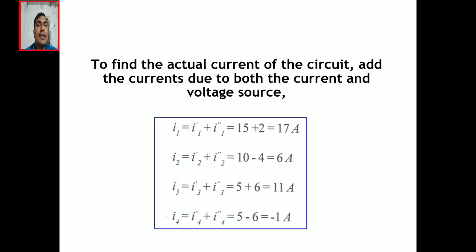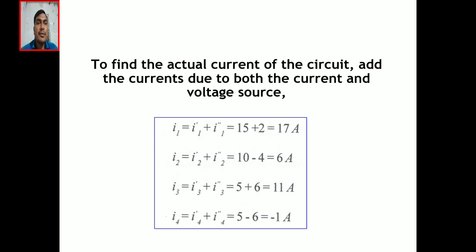So the superposition theorem states that the response in one element is equal to the sum of the responses due to the individual sources. That means I consider first the 120 volts, next the 12 amps, and we add each response at each element.